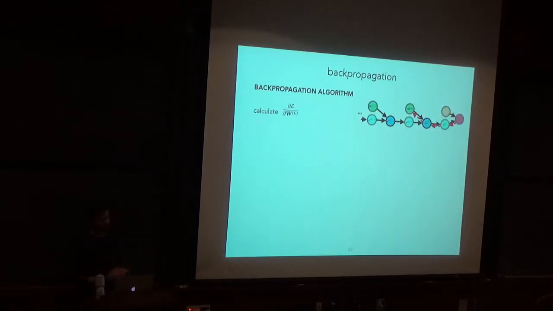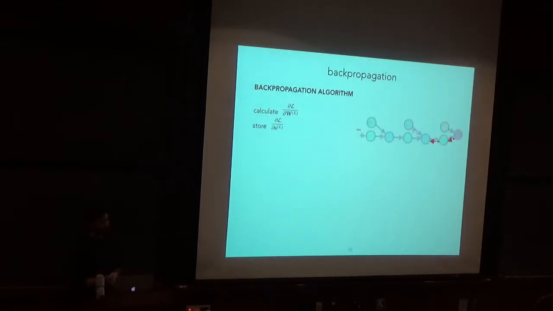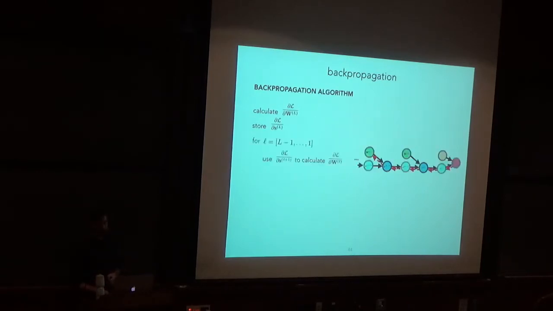So first we're going to calculate the derivative of the loss with respect to the weights of the final layer. We're going to store the derivative of the loss with respect to the sum at that layer. And then we're going to go through each of the layers before in this backward order and calculate the gradient with respect to the sum, or with respect to the weights.